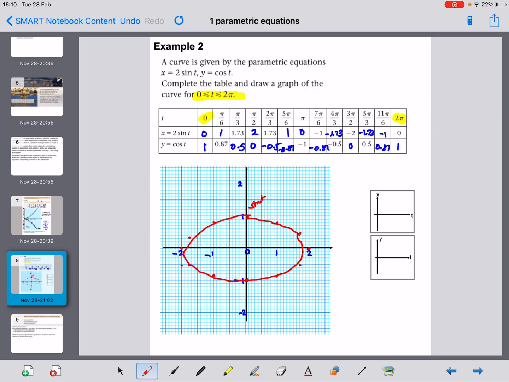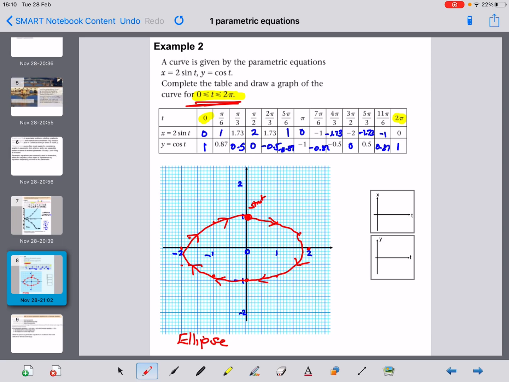I've drawn it a bit wonky, hopefully you can see. So that was the trace, and it has produced an ellipse. We've traced it round in a clockwise direction. It started and finished at the same point, and that's because t went from 0 to 2 pi, so it did one full loop.